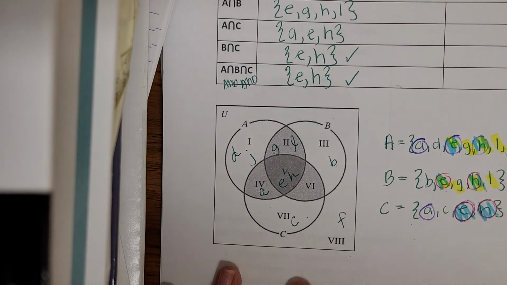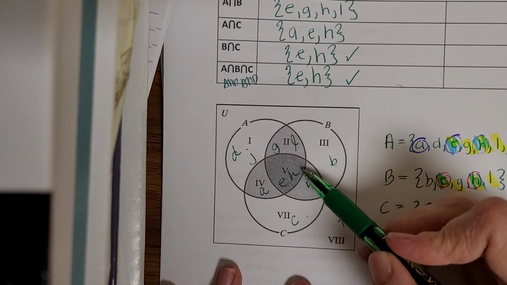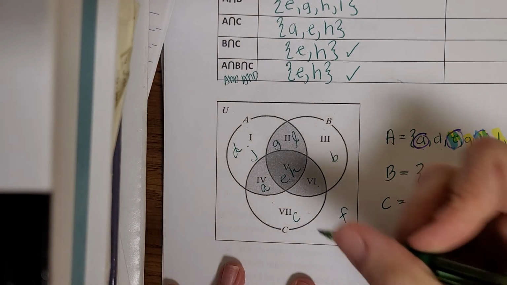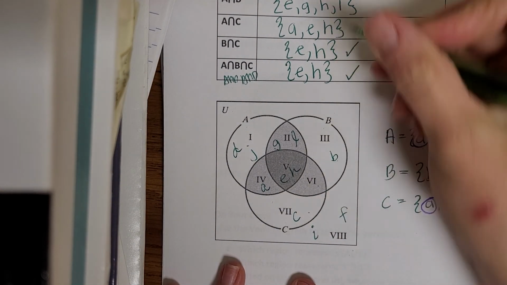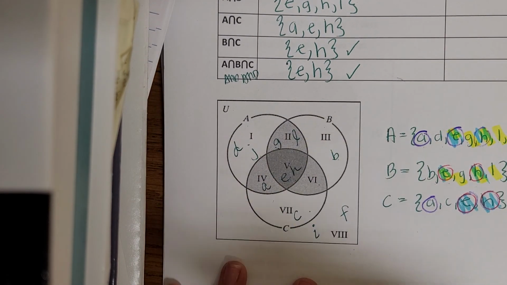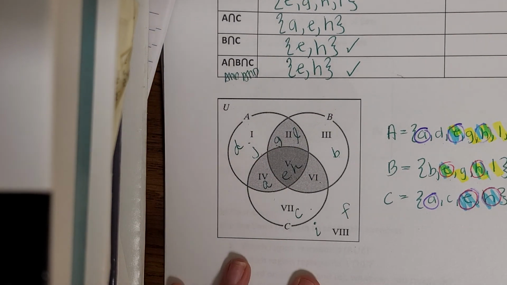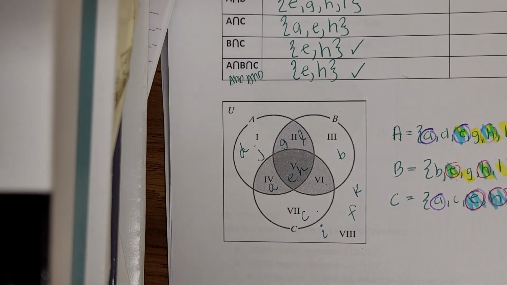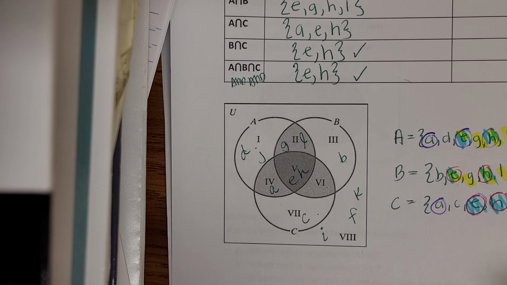B, C, D, F. You've got your G, you've got your H. There's no I anywhere, so we need to get the I out here. And then we've got your J, and we also never got the K anywhere else, so let's do that there. So the universal set is for anything that didn't fall in a particular set.